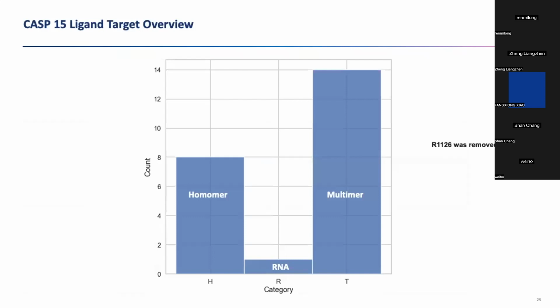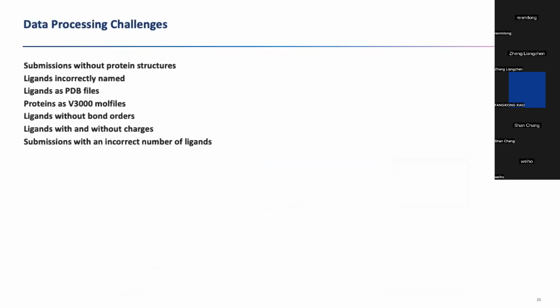We had a mixture of targets, including multimeric targets. We actually started out with 2 RNA targets, but after consulting with the RNA evaluators, they determined that the ligand in one of the structures was not supported by experimental data, so we dropped that one. This was not without its challenges.